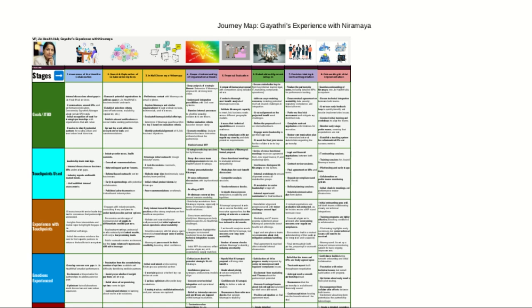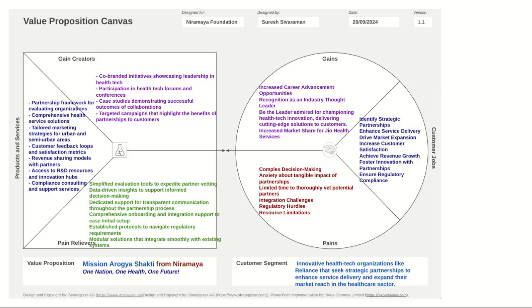So based on all of that, there's a value proposition canvas written using this lens of the collaboration. So when I want to collaborate with another entity, it is important for me to articulate a value proposition from our organization side to the other organization.